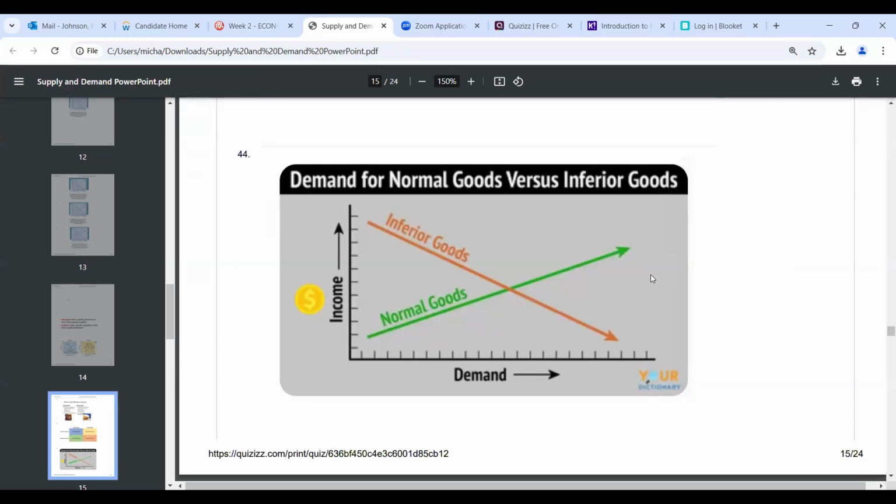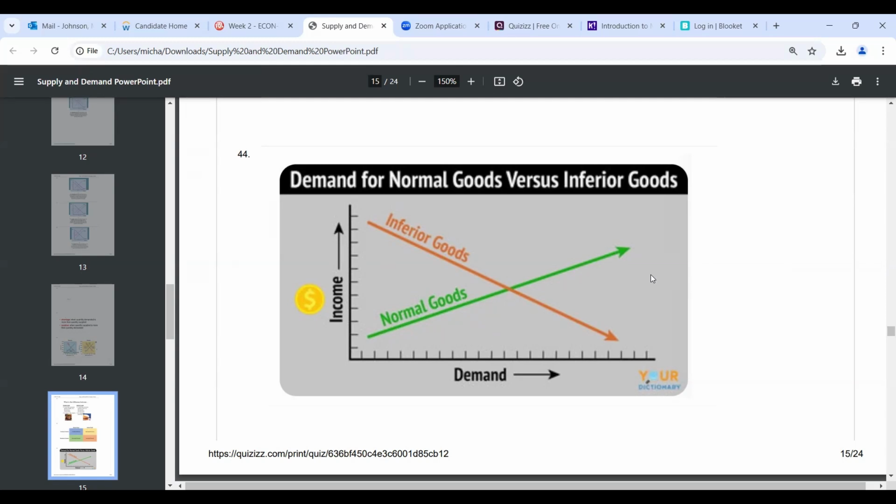Your normal good demand likely goes up when your income goes up on average, while inferior good demand goes up when your income goes down. That's on average, but you want to make sure you're saving money regardless.